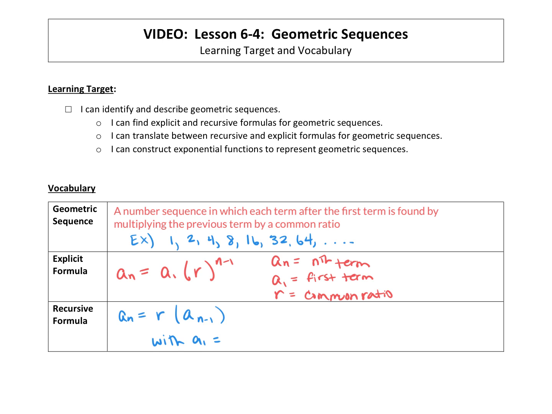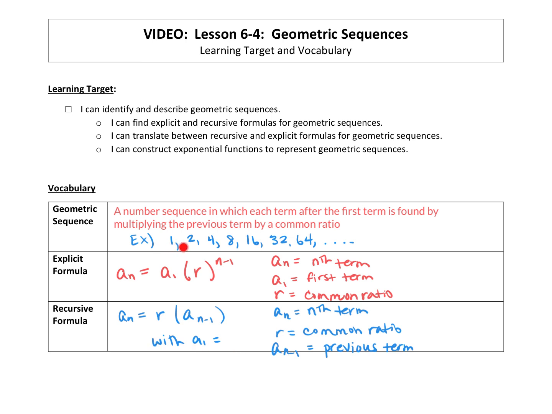Let's define the different parts. a sub n is the nth term. r is our common ratio. And the easiest way to think about a sub n minus 1 is as the previous term. You have to give everyone a starting point, so we say with a sub 1 equal, and we fill in whatever the first term is.